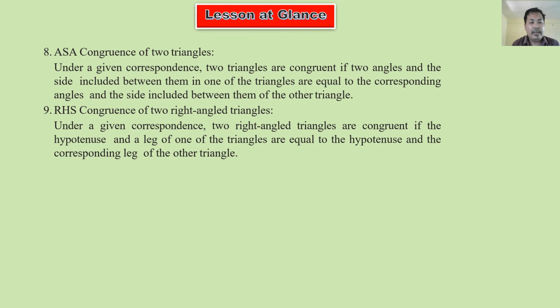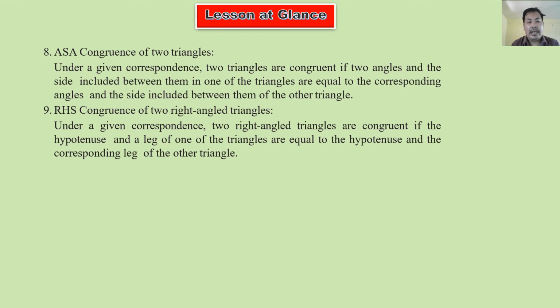Under a given correspondence, two right angle triangles are congruent if the hypotenuse and a leg of one of the triangles are equal to the hypotenuse and the corresponding leg of the other triangle. Then the two right angle triangles are said to be congruent.